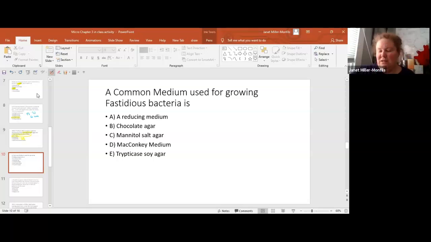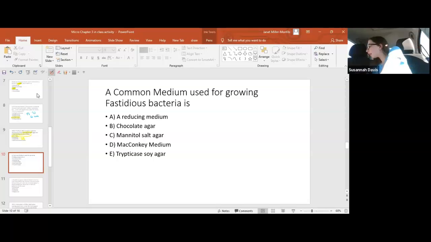Yes, it is chocolate agar. What page do you find the table on? Well, I found the information on page 81, by the definition of fastidious.